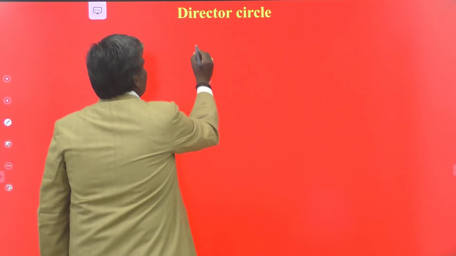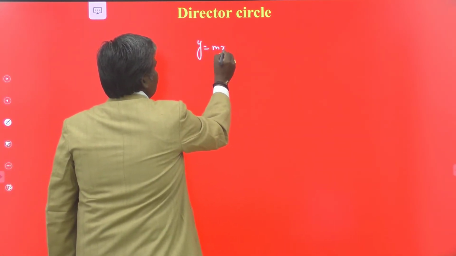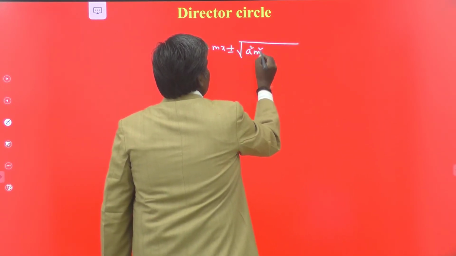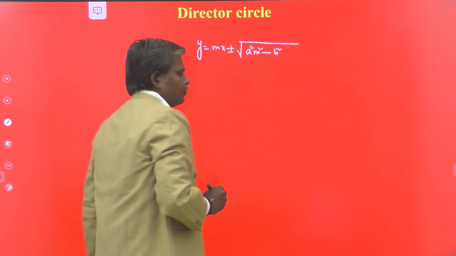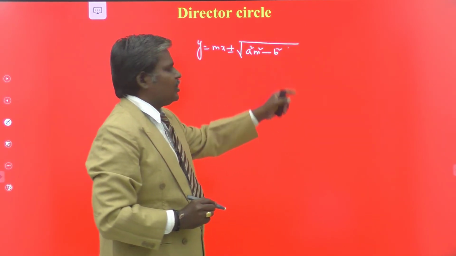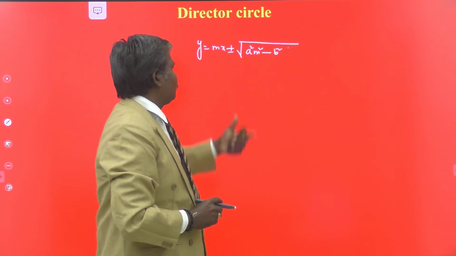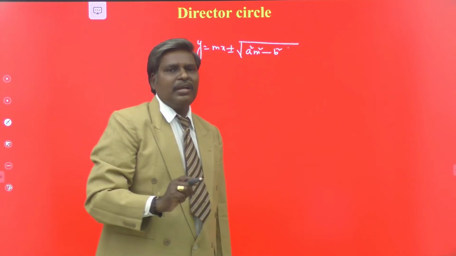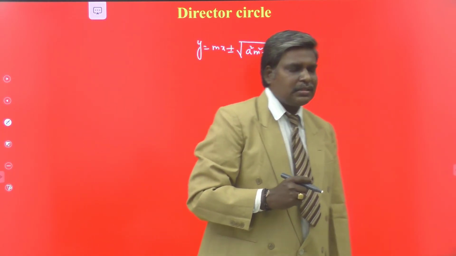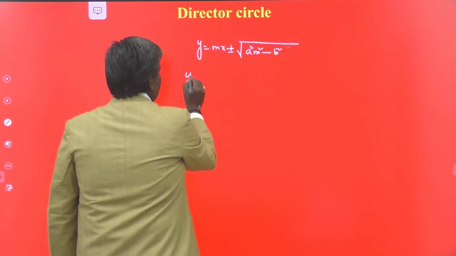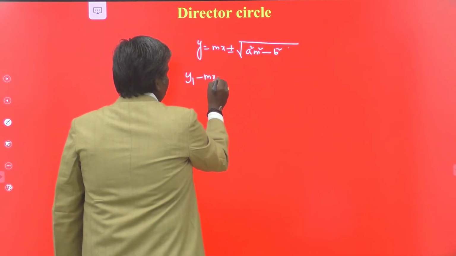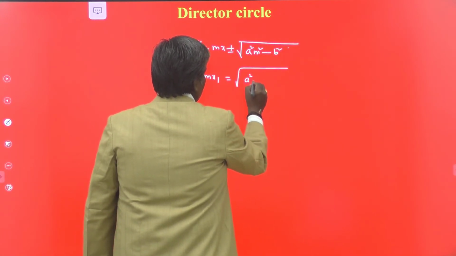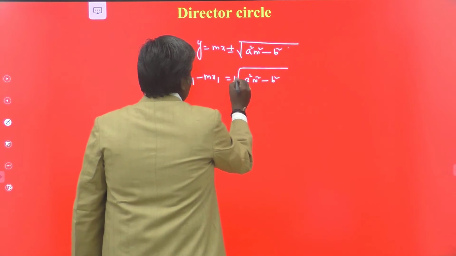Now, the equation of any tangent to the hyperbola is what? y = mx ± √(a²m² − b²). If it is passing through my point of intersection x1, y1, we have the condition: y1 − mx1 = ±√(a²m² − b²).